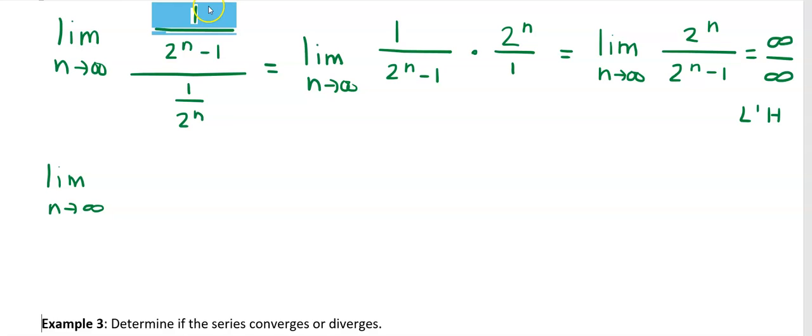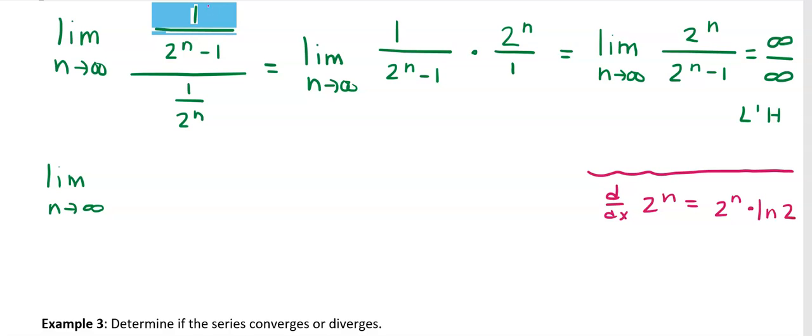Just as a quick review, if you forget that derivative, the derivative of 2 to the n is itself, very similar to e to the exponent, but you have to multiply it by the ln of the base. So we are going to get 2 to the n times the ln of the base over 2 to the n times the ln of the base.